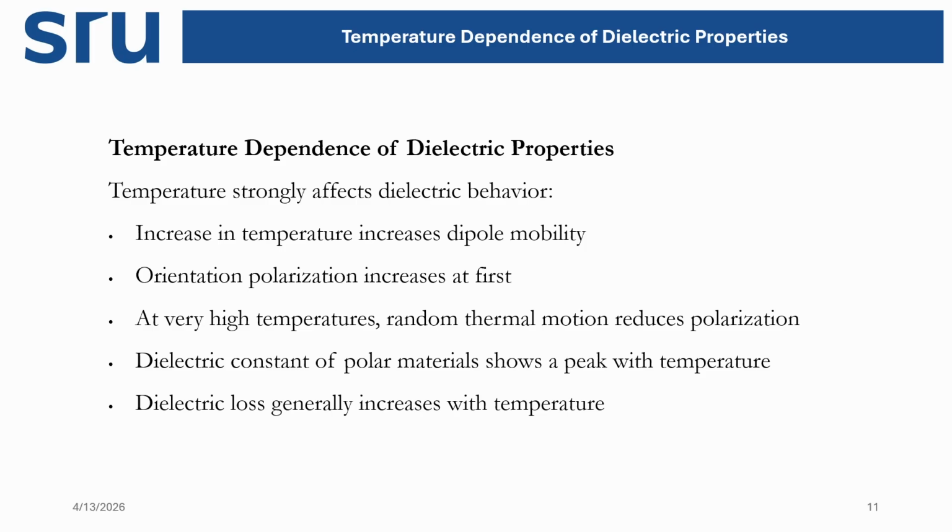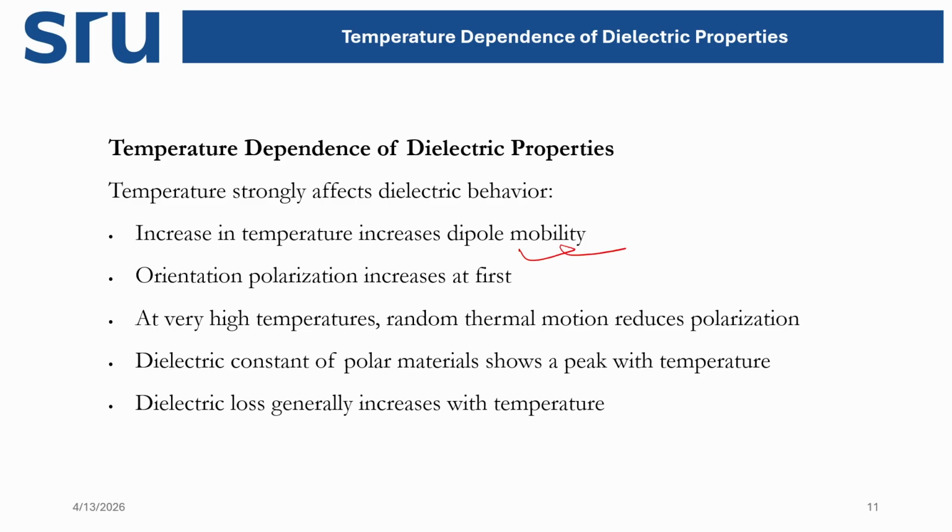Temperature dependent dielectric properties. Temperature strongly affects the dielectric properties, because the ions, the electrons, or the dipole moment of the molecules can change due to temperature. Increasing temperature increases dipole mobility.